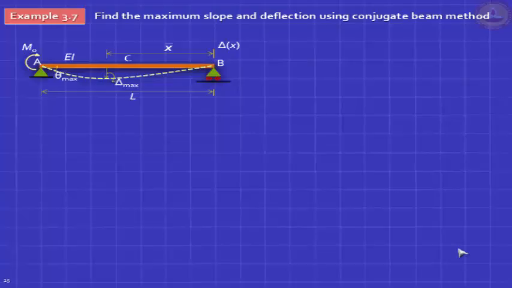Then in your conjugate beam, you put the M by EI diagram, find the reactions at A and B, and those are nothing but the slopes at A and B. I just want the ratio, theta A versus theta B. Is there a ratio? So anybody can answer theta A versus theta B. Theta A will be more than theta B, but is there some ratio?